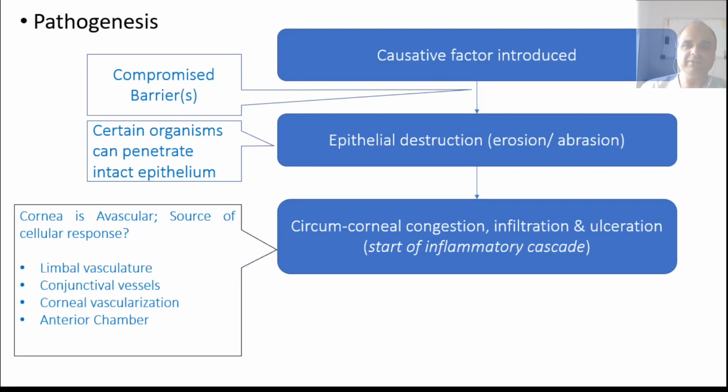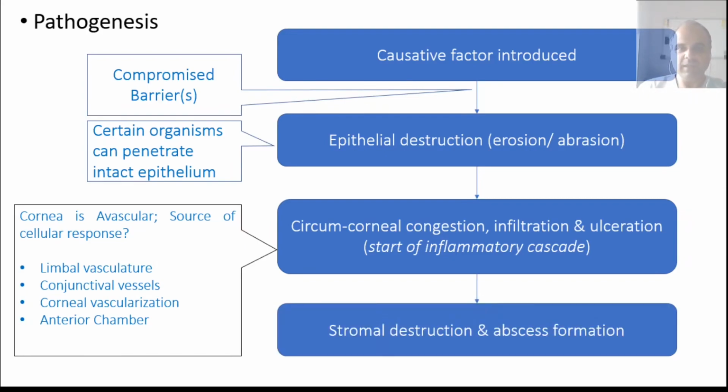So you have limbal vasculature, your anterior chamber, your conjunctival vessels, and if your infection is bad enough, your cornea can start getting vascularized. Remember VEGF? We talked about VEGF a lot when we were doing gradual painless loss of vision, diabetic retinopathy, age-related macular degeneration. The same VEGF released from compromised corneal stromal cells can also incite new vessel formation onto the corneal surface.